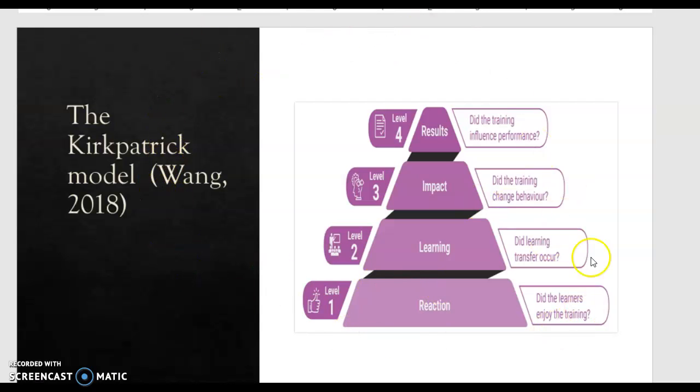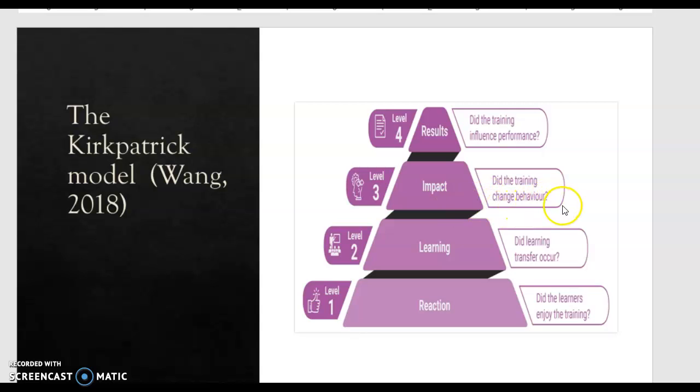As we see in the slide, the Kirkpatrick model includes four levels. The first level is the simplest one, the reaction. Did the learners enjoy the training? The next one is the learning. Did the learning transfer occur? The third level is the impact.